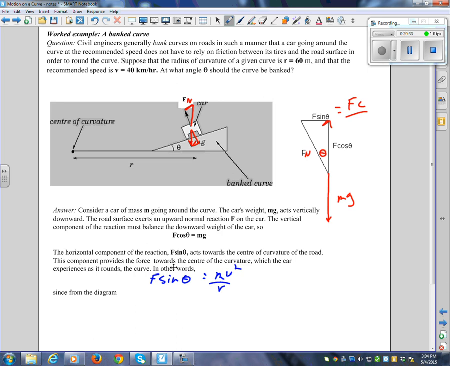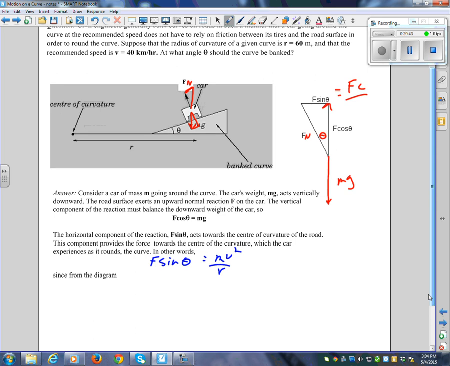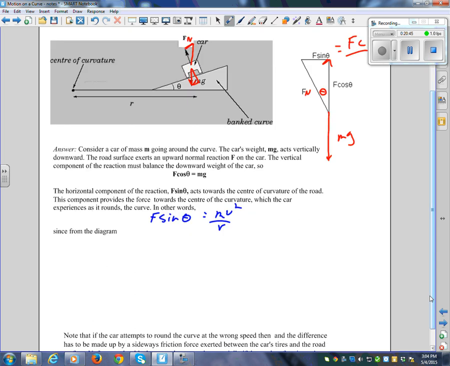Now, if you look at this diagram here, if I went opposite over adjacent, that would be tan. Tan of theta is opposite over adjacent, which is F sine theta over F cos theta.